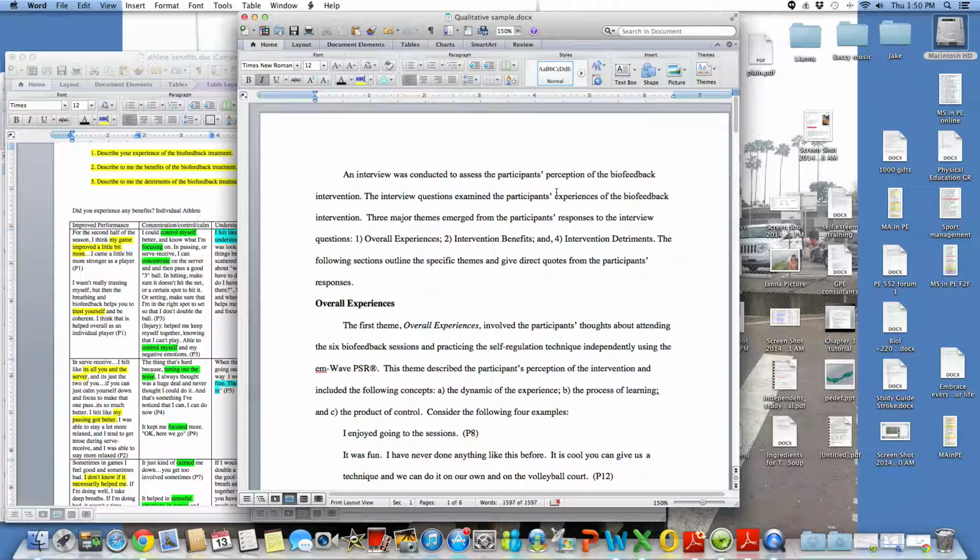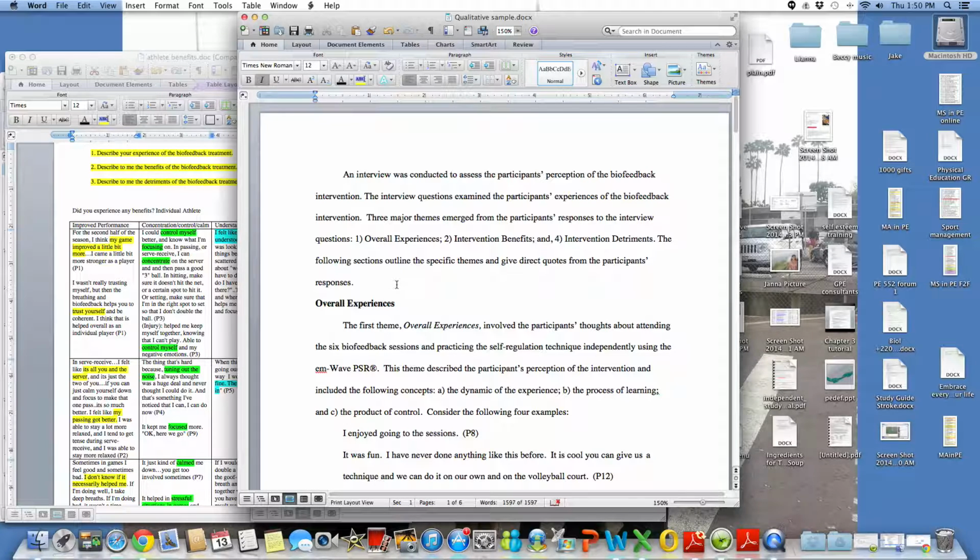But when you get into your pure qualitative data, you're going to lead off with a paragraph just outlining what this section is going to be about. And you'll also talk about some of the major themes. So you can see the major themes here were the overall experiences, the benefits, and the detriments.